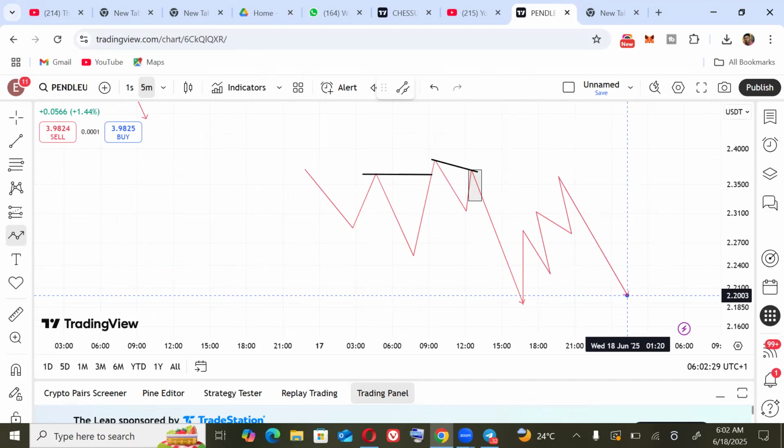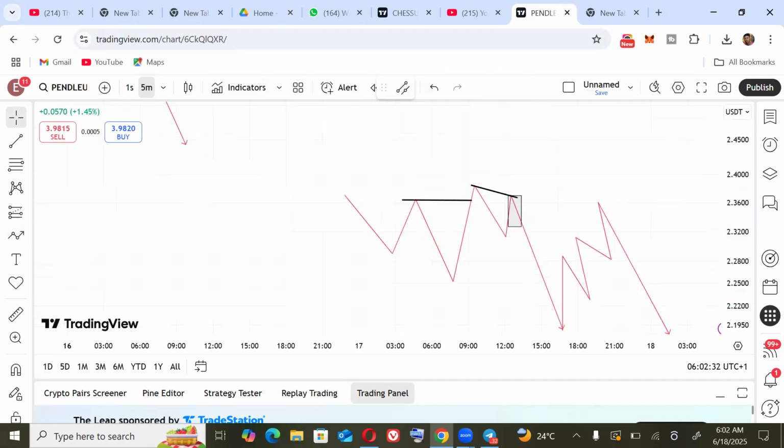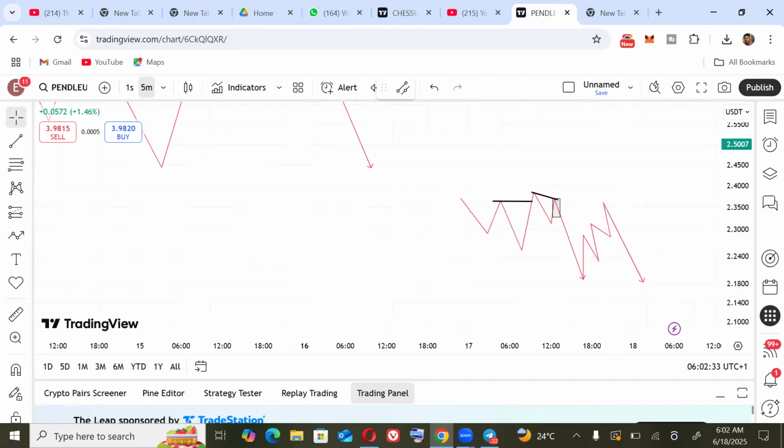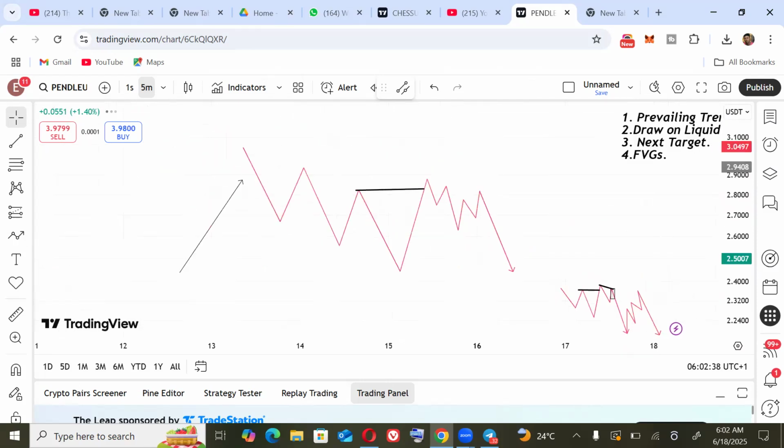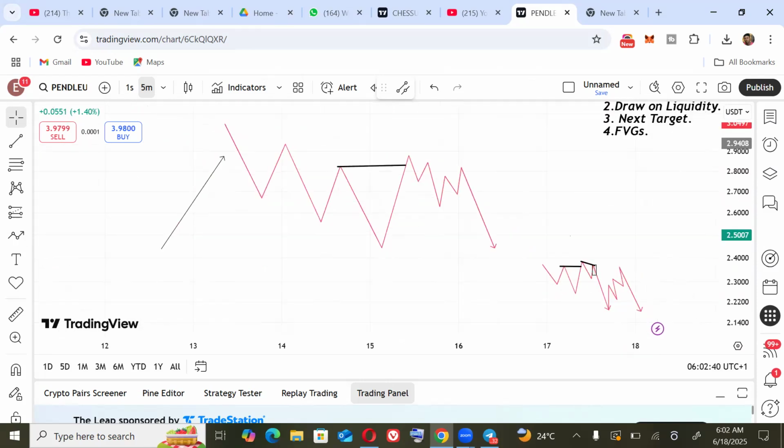We now begin to sell. We now sell all the way to our next target. So this is the next draw on liquidity. So we now sell all the way here. Right? Am I making sense?